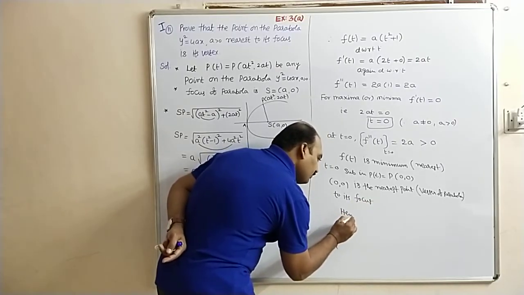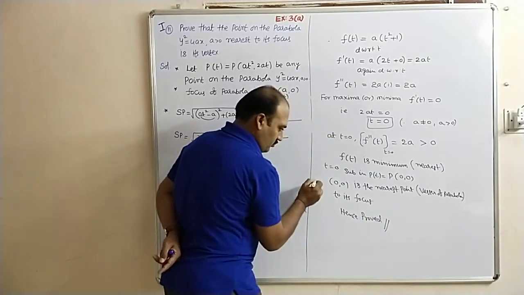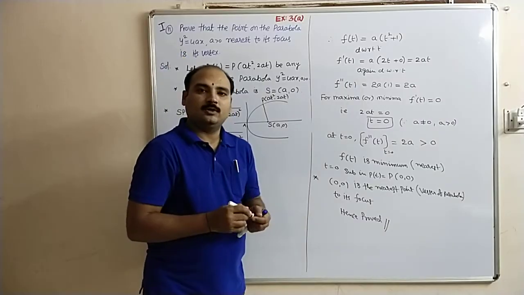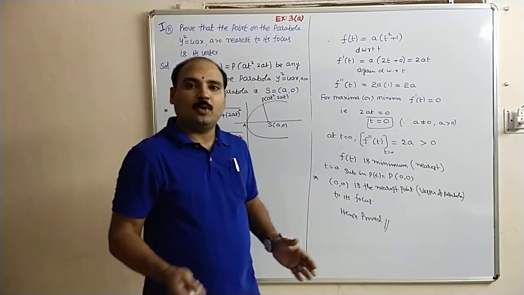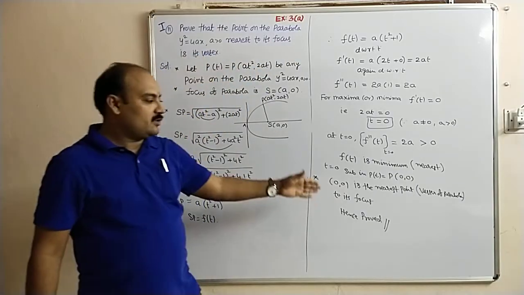Hence proved. This is the way you have to prove that the point is nearest. The nearest to its focus is its vertex. Hence proved.